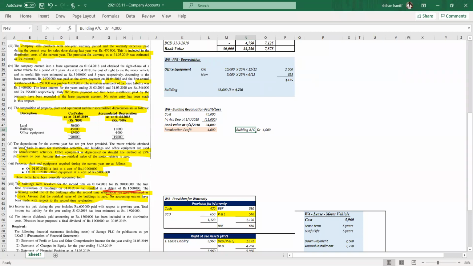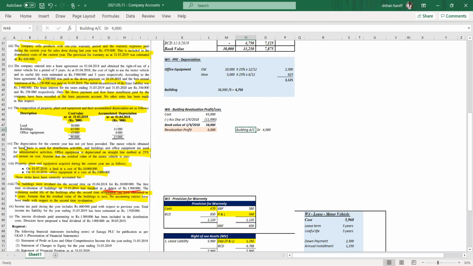So in the previous revaluation, if a deficit comes at the initial revaluation, that will be taken to the income statement, profit and loss account, right? So in the second or subsequent revaluation, if we have a profit, the profit we can't take to the revaluation reserve account. What you have to do is set off with the previous loss.